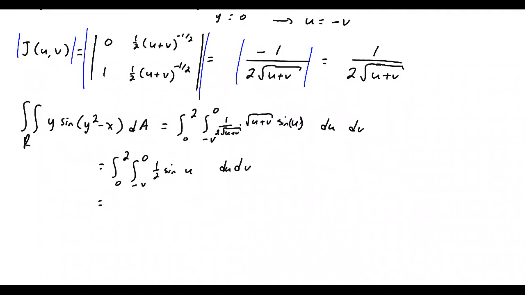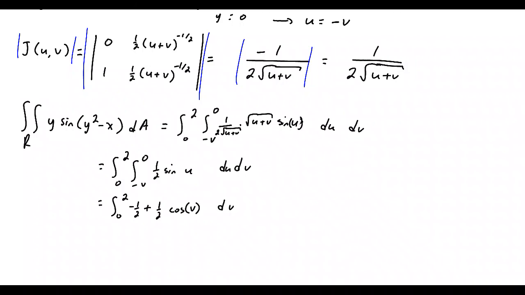So find the antiderivative and then evaluate that. This becomes the integral from 0 to 2 with respect to v of the function negative 1/2 plus 1/2 times cosine v.